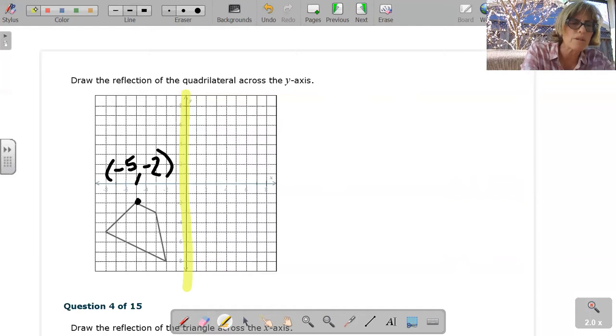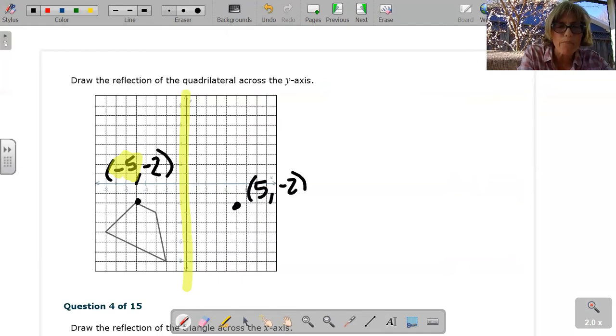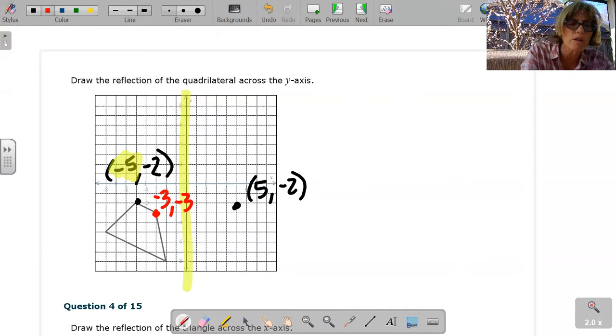I just opposite the x coordinate and I get 5, negative 2. This one is negative 3, negative 3. You opposite the x coordinate to flip over the y, so that's 3, negative 3.